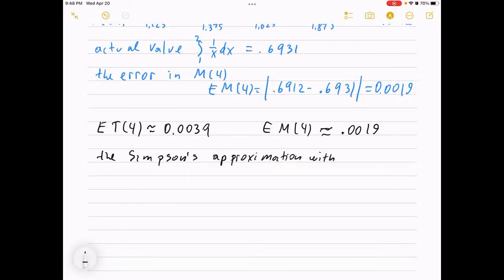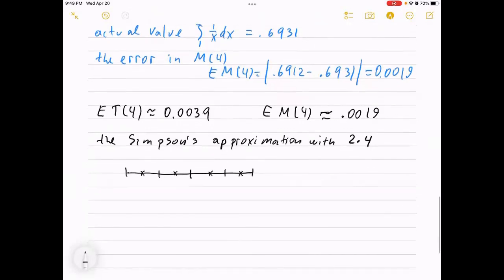In this case, we're going to be calling it S of 2 times 4, because when we do this combination of trapezoid and midpoint, the number of intervals actually is going to be more than 4. We started with 4, and we also get our midpoint intervals. So the total number of intervals we're dealing with is going to be 8.